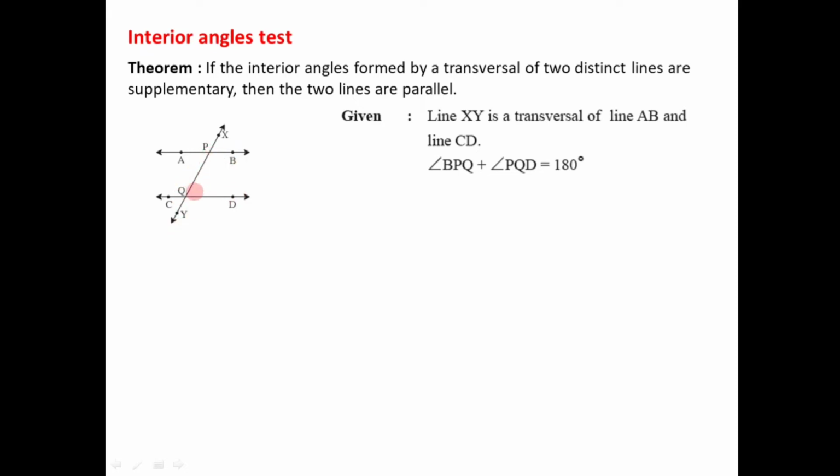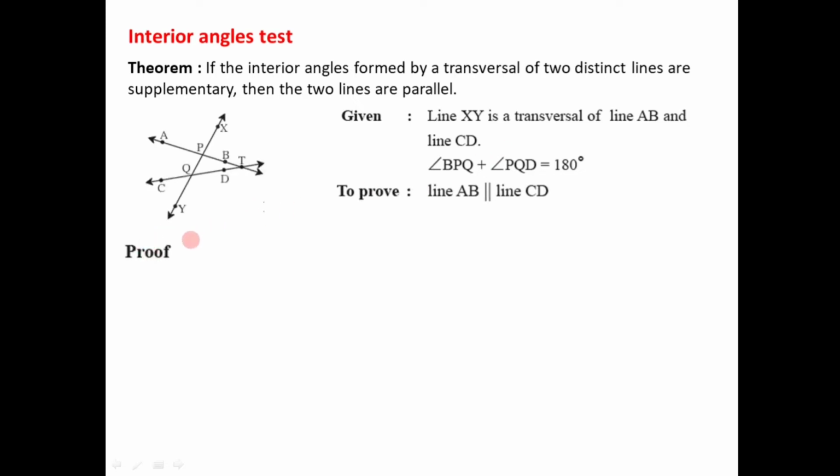As we can see, these are the two angles which are on the same side of the transversal and they are interior angles. It is given that they are supplementary, that is, the sum of the measures of these two angles is 180 degrees. So that's given. From this information we have to prove that those two lines are parallel, that is, to prove line AB is parallel to line CD. So here we start with the proof.